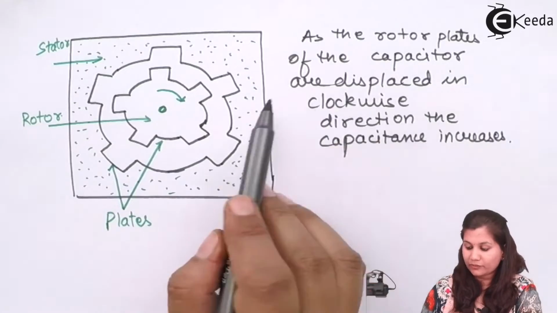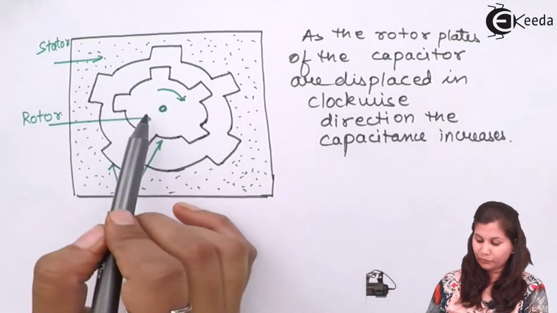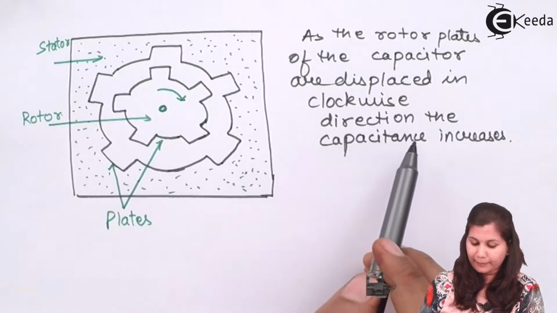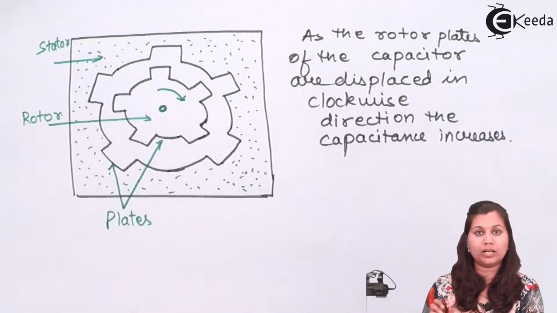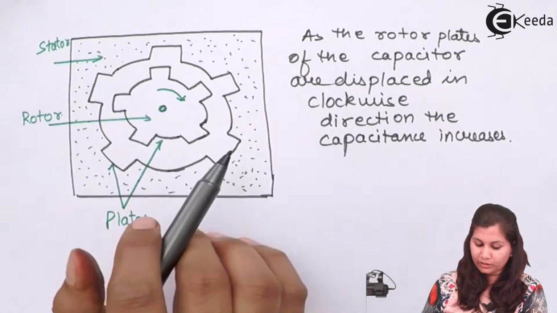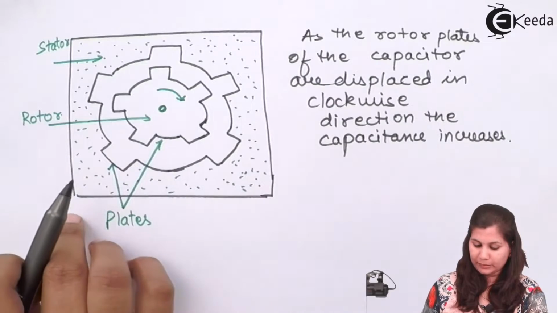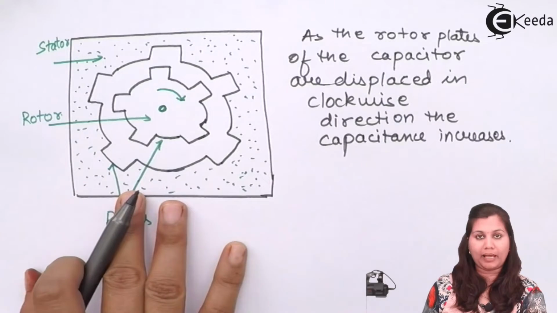As the rotor plates of the capacitor are displaced in the clockwise direction, the capacitance increases due to the change in the distance between the plates. So the change in the capacitance is used for measuring the angular displacement.